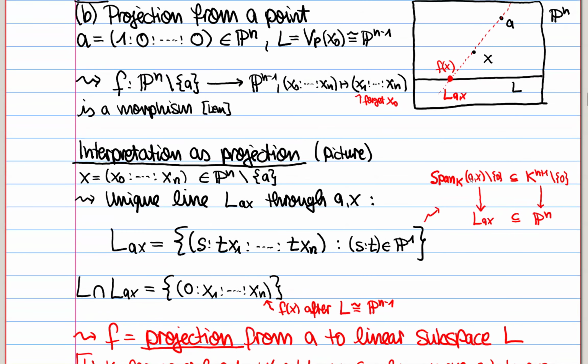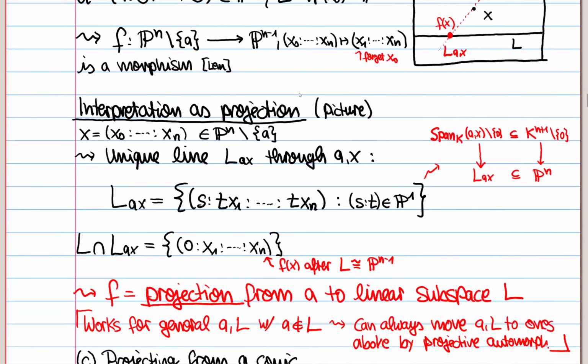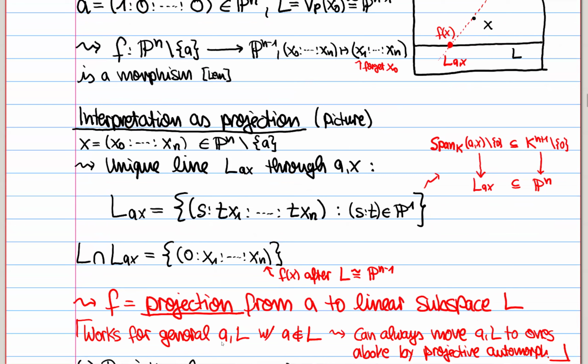Then the next remark is we started with a particular A and this particular hyperplane here. But in fact, it works for a general point A and for a general hyperplane not containing A. And the idea here is, well, you can either do the same recipe.